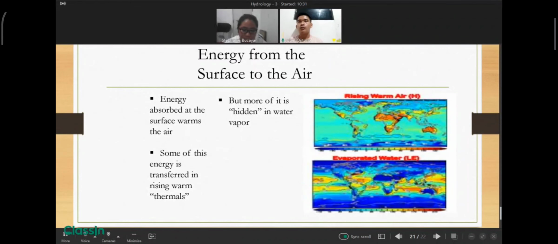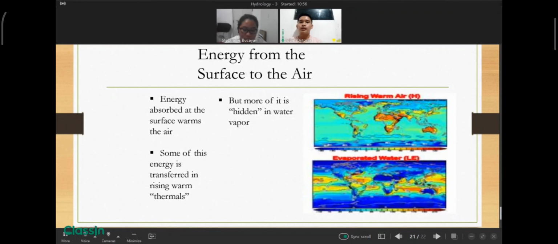So mas common 'di ba is na malaman natin na 'di ba ang Earth is 70% 'di ba is composed by water and 30% land. So mas common na ang uma-absorb ng heat is yung water. Kaya mas common yung water vapor. So mapansin natin na 'di ba yung merong mga wind process or mga weather, 'di ba?